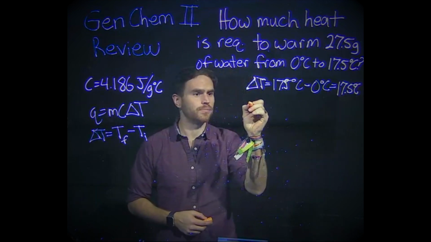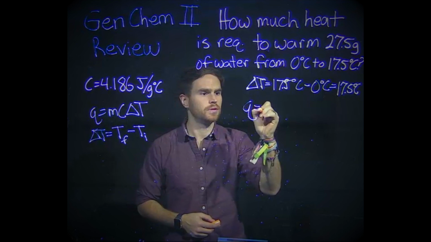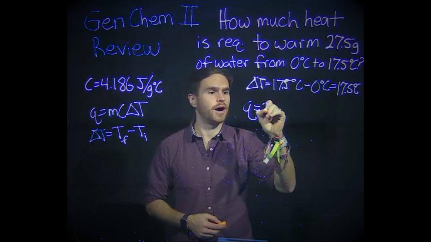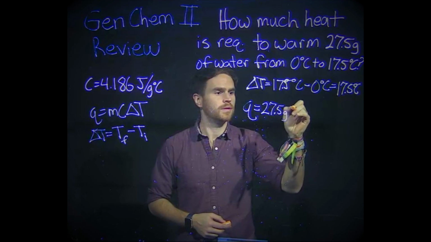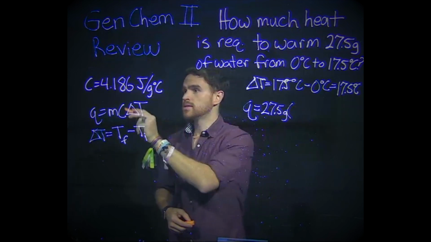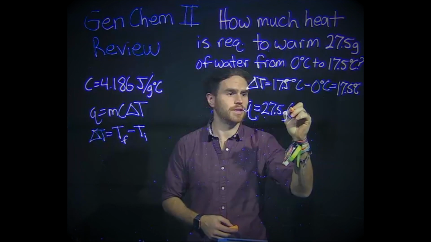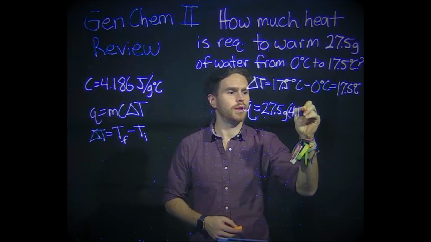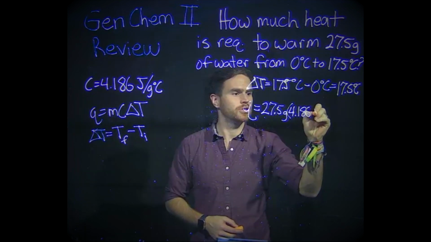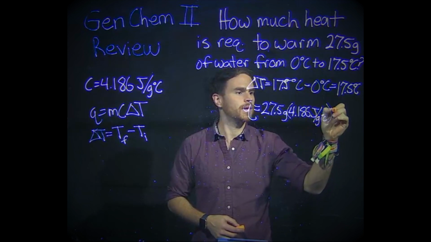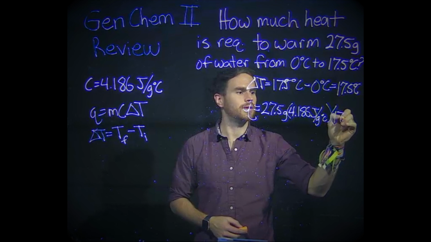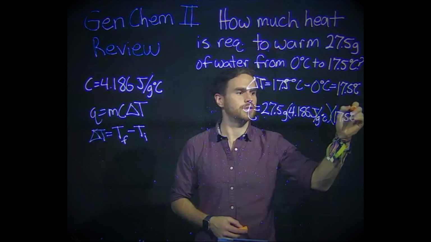Now, we can plug in our values of 27.5 grams times c, which we're given, the specific heat, 4.186 joules per gram degrees Celsius, times 17.5 degrees Celsius.